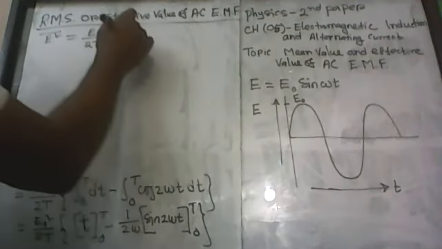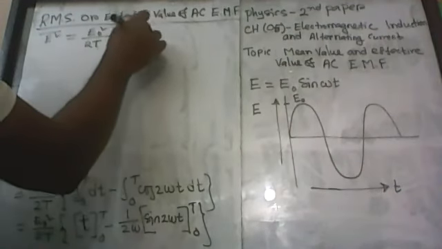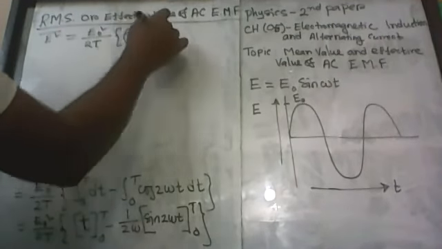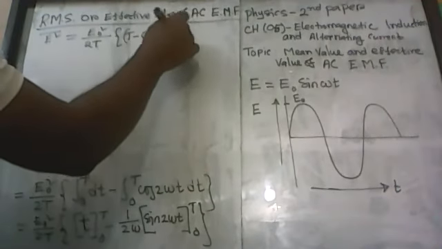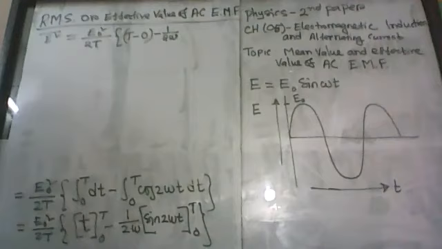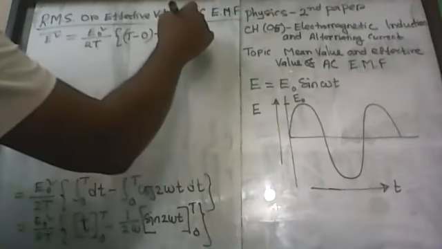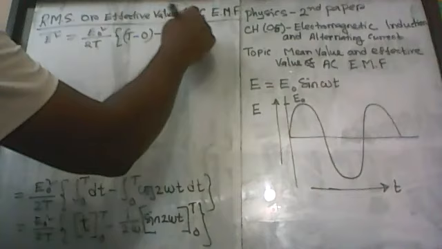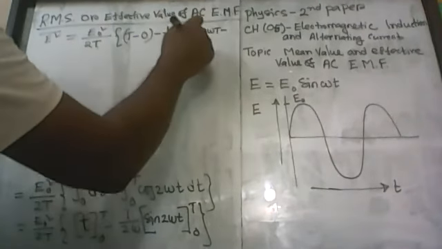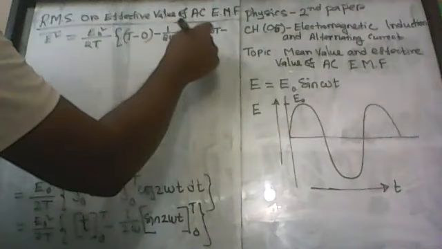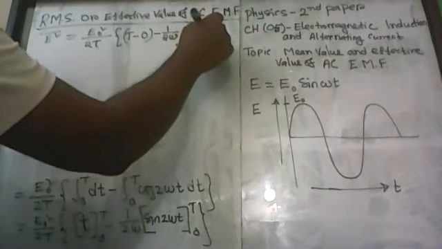So at first upper limit T minus 0, this is the first segment, minus 1 by 2 omega, and then you use the lower limit. If you use the limit function here, it will equal sine 2 omega into capital T minus sine 0 minus what?